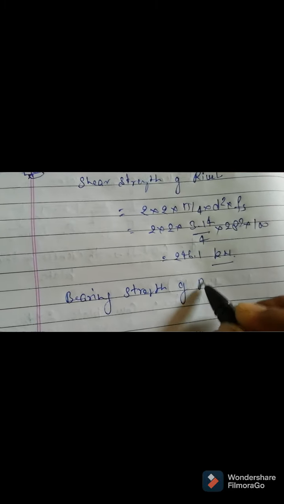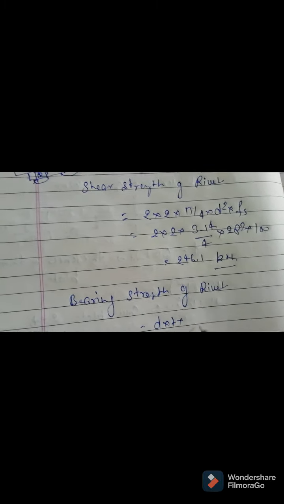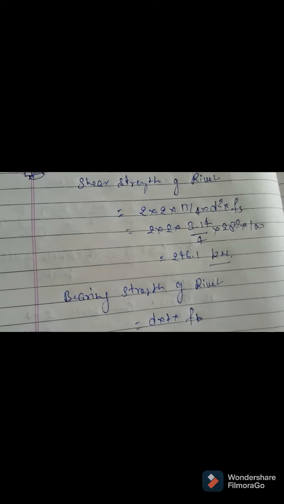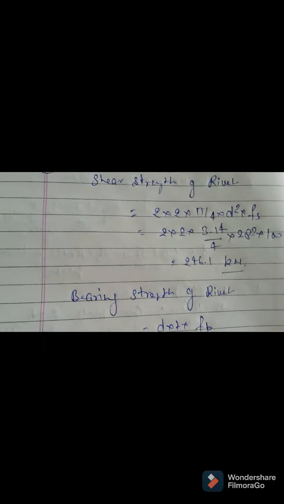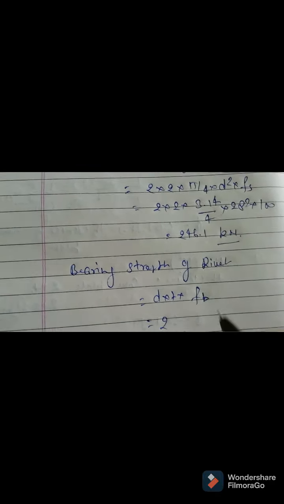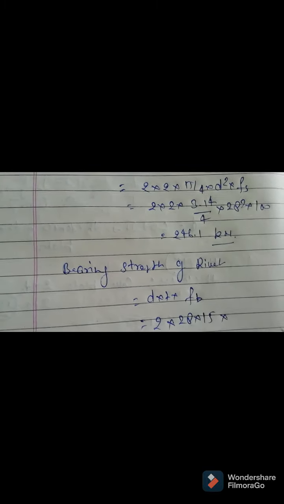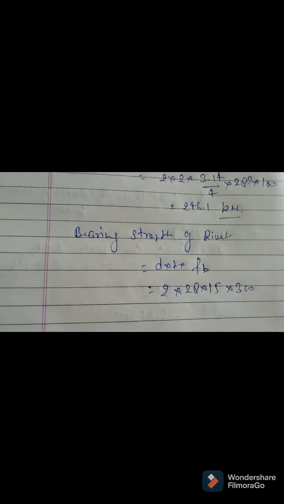Bearing strength of rivet, again d into t into fb. Double riveting means 2 times, multiplied by 2 times d, that is 28, t is the thickness of thinner plate, that is 15 mm, into fb, that is given equal to 300 Newton per mm square.